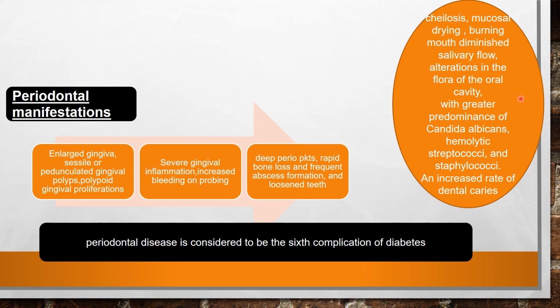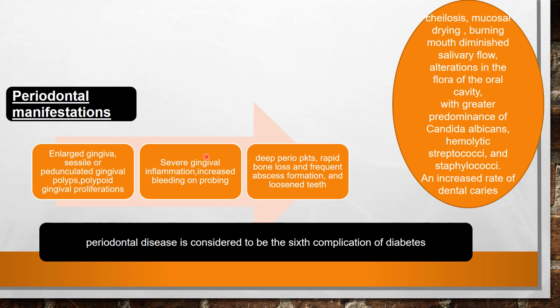So coming to the important part, that is the periodontal manifestations. You can see that there will be changes in the gingiva. There is enlargement of the gingiva due to the increased inflammatory process. Sessile or pedunculated gingival polyps can be seen. Polypoid gingival proliferations can be seen.